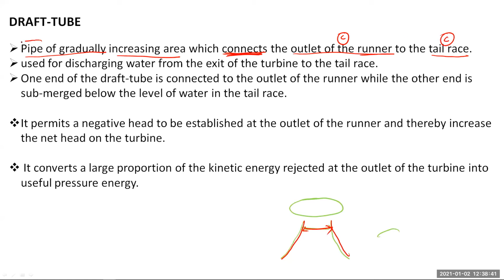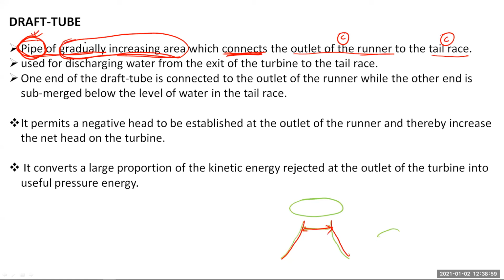What is a draft tube? Very important theoretical question, so I am focusing here.